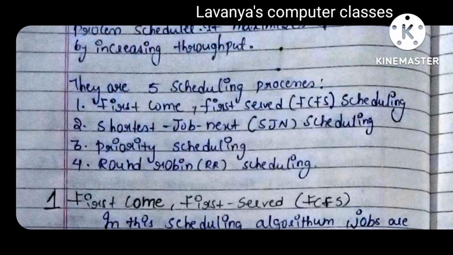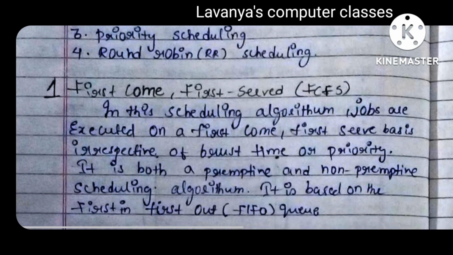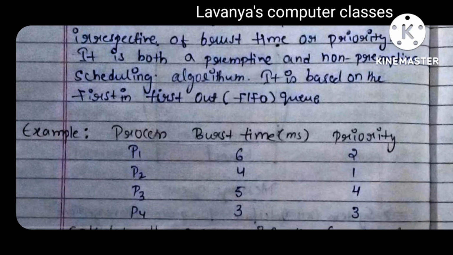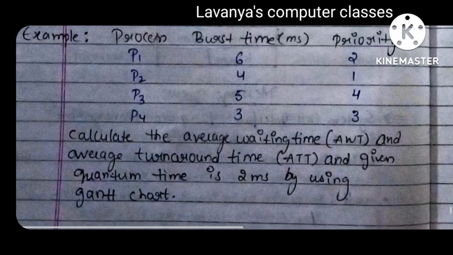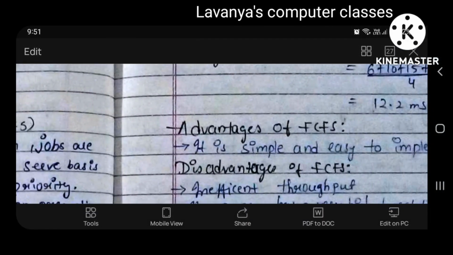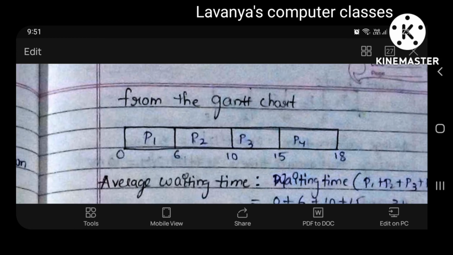So all these 4 you have to read all the things with examples. Very important questions. FCFS with examples, all numerical examples. This is the example for first come first serve.